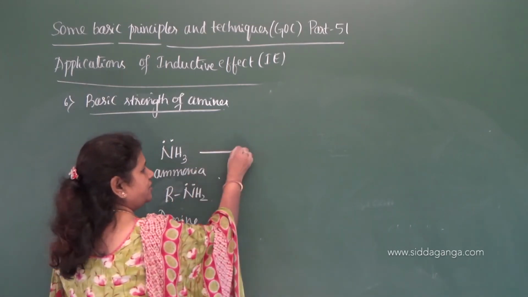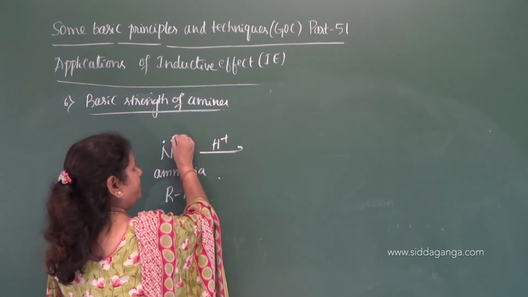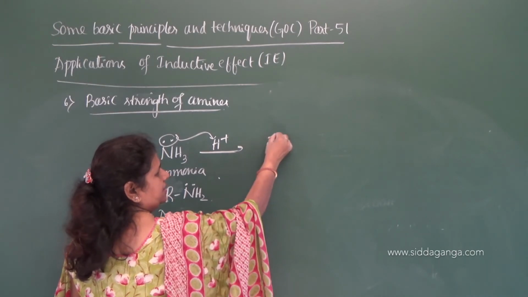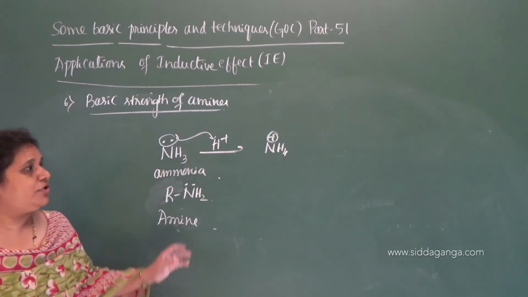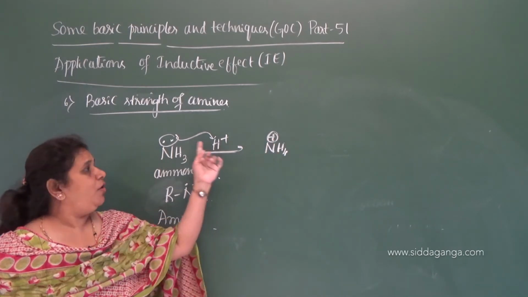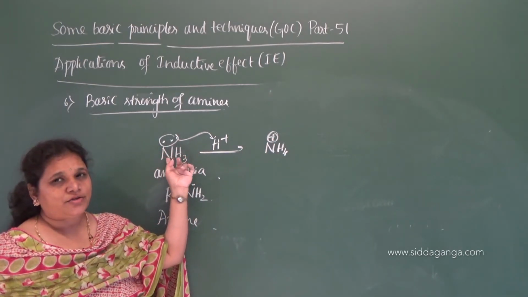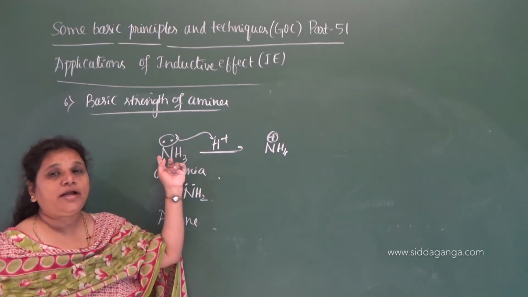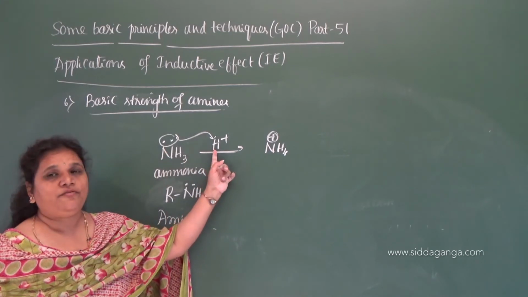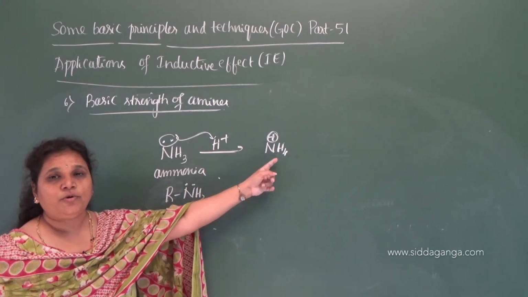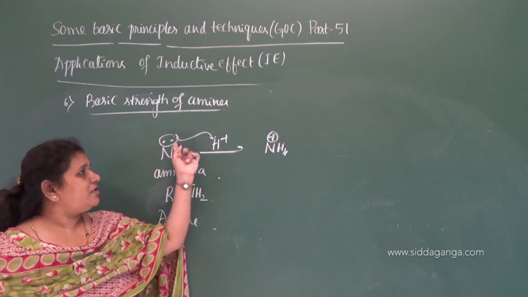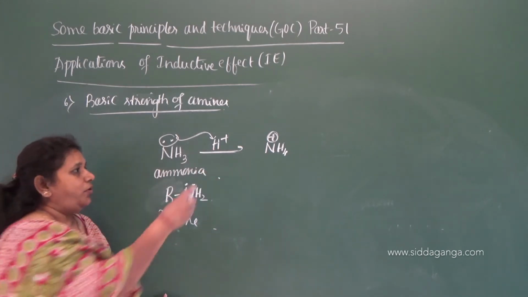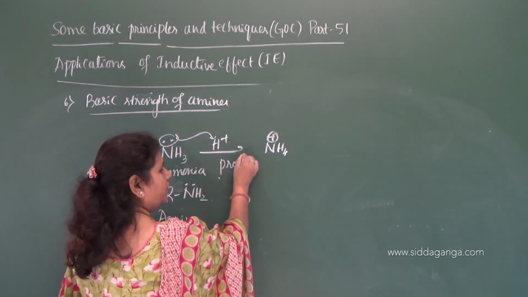So it forms NH4+, an ammonium ion. During the formation of the ammonium ion, both electrons are given by the nitrogen, which you studied in chemical bonding as a coordinate bond. It forms a coordinate bond with the proton, and thereby forms the ammonium ion. This phenomenon is called protonation.